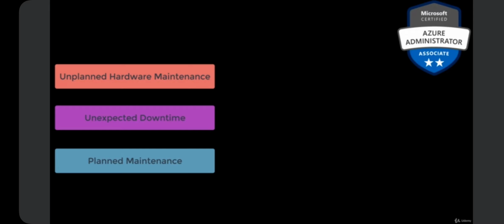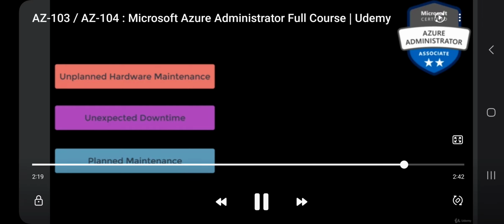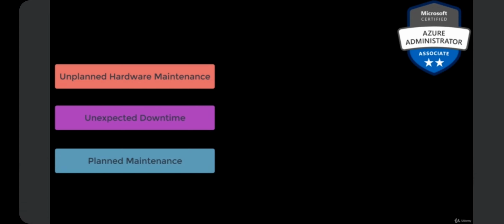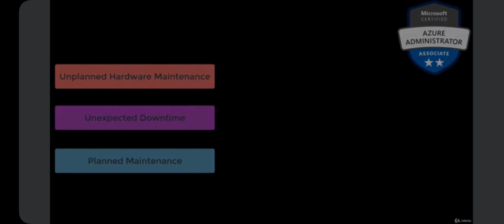Most of these updates are performed without any impact to your virtual machines or other cloud services. Microsoft does not automatically update your virtual machine's operating system or software. You have complete control and responsibility for that. But the underlying software, the host, and the hardware are periodically patched to ensure reliability and high performance at all times.